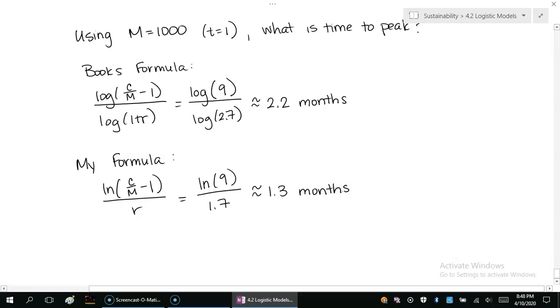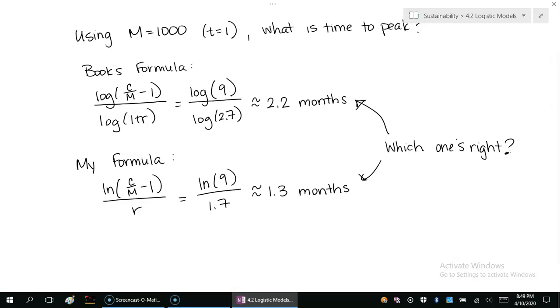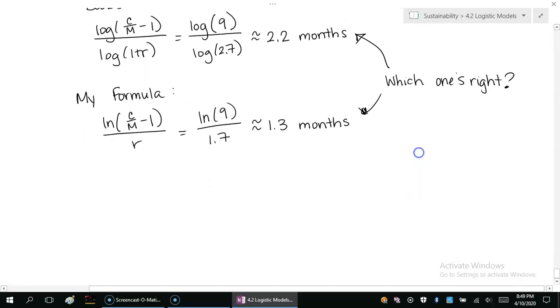So the question is, which one's right? Well, to answer that, let's not use either formula and calculate when the peak time occurs and see which answer we get. So when does the peak happen?